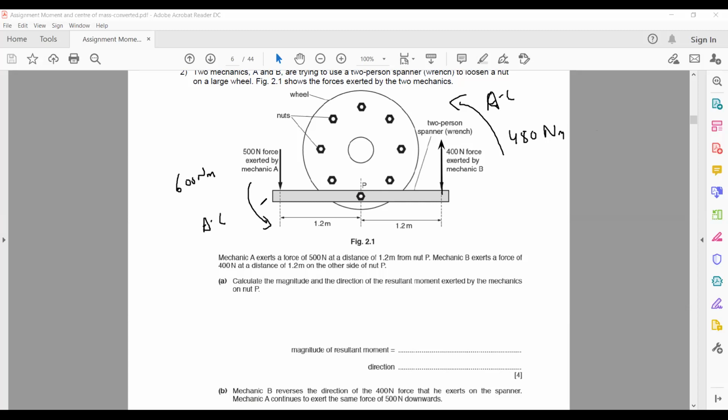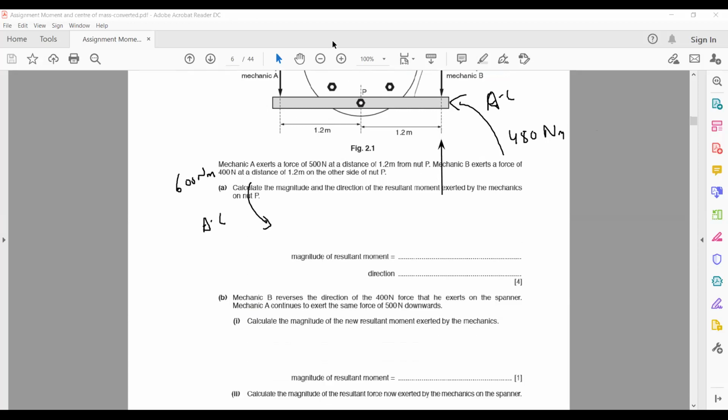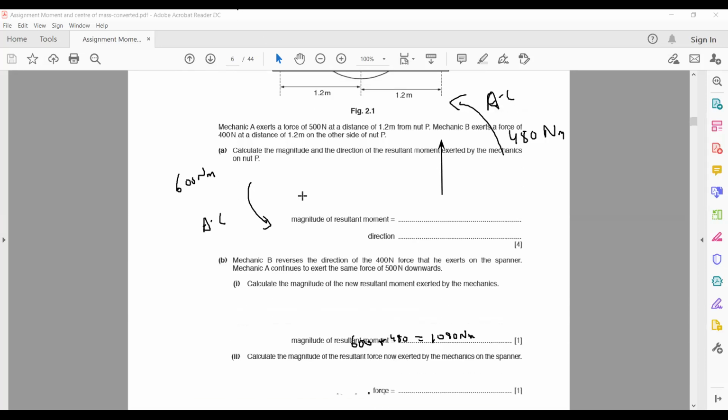When two moments are in the same direction, to get the resultant, we will add them. So what is the new magnitude of the moment? It will be 600 plus 480, which equals 1080 Newton meter anti-clockwise.